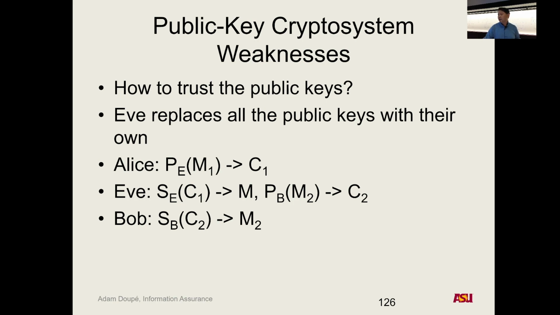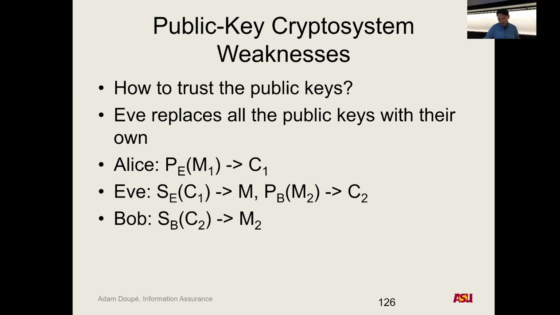It is possible, right? Because Alice used Eve's public key, Eve can decrypt it with her secret key and get the original message M1.